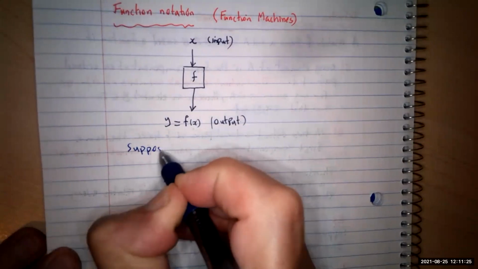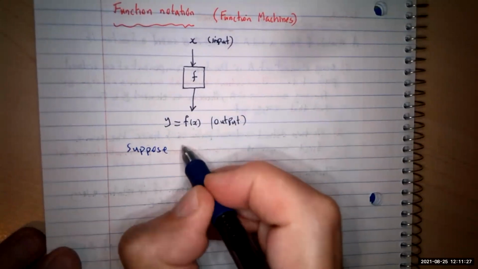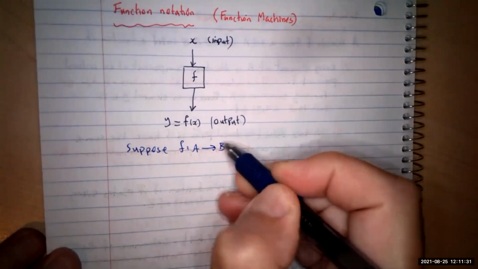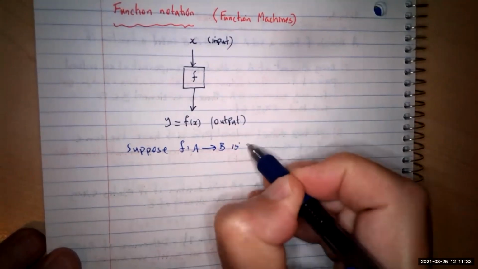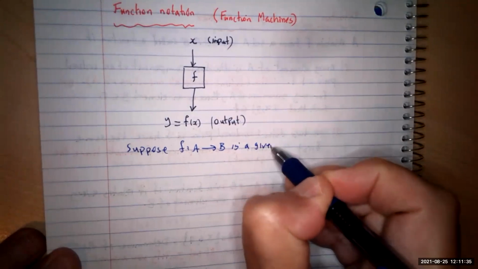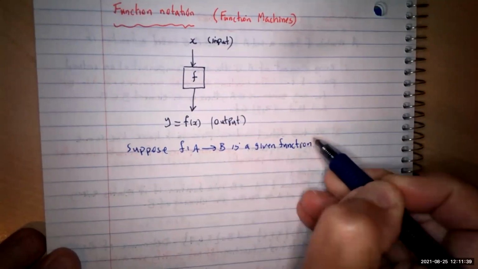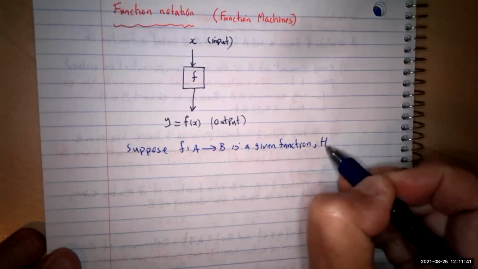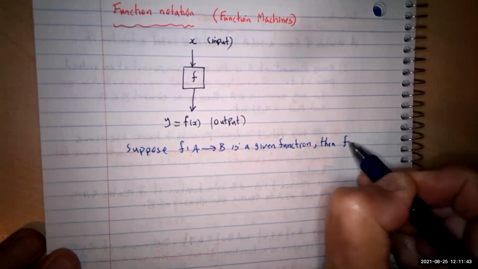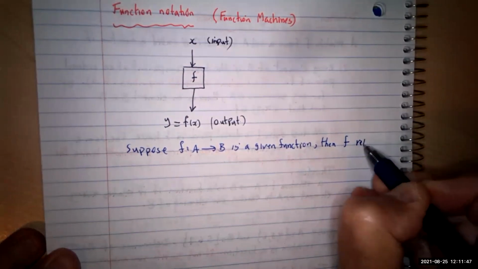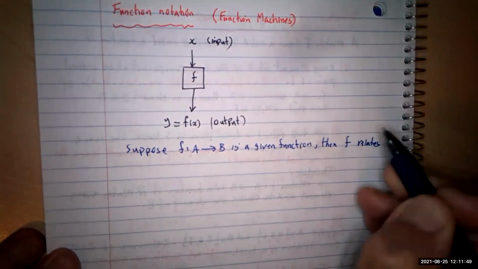Suppose f from A to B is a given function. If this is the case, then f is a machine. f relates. How are we going to relate?